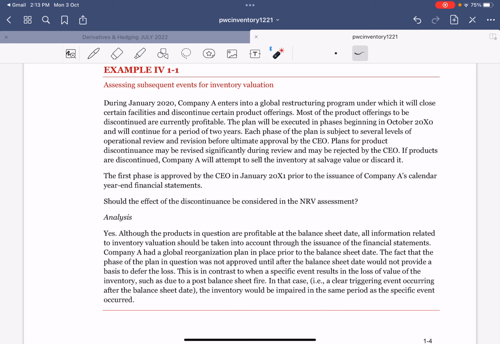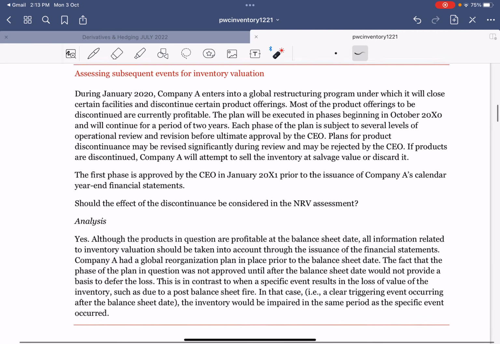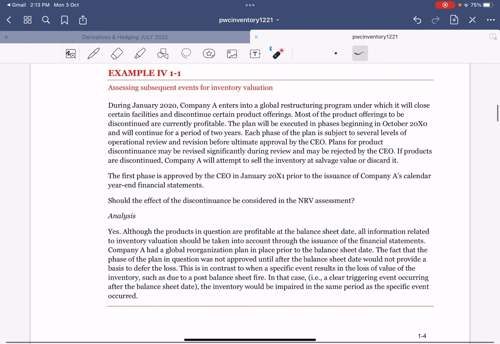Plans for product discontinuance may be revised significantly during review and may be rejected by the CEO. They are considering new products, but they are discontinuing, and their discontinuance plan may be rejected by the CEO after a certain period of time.